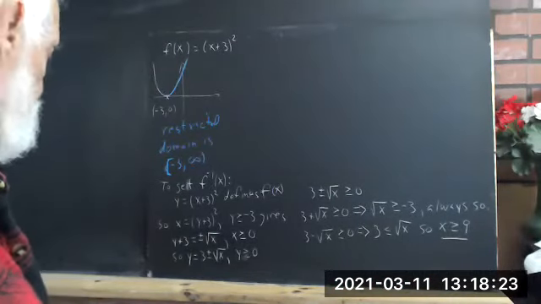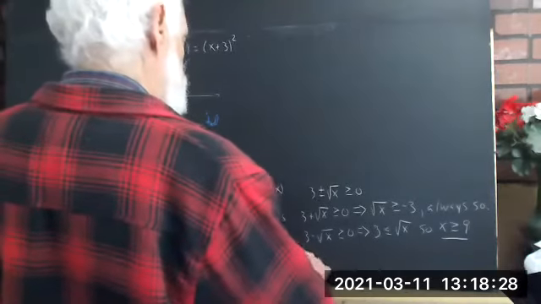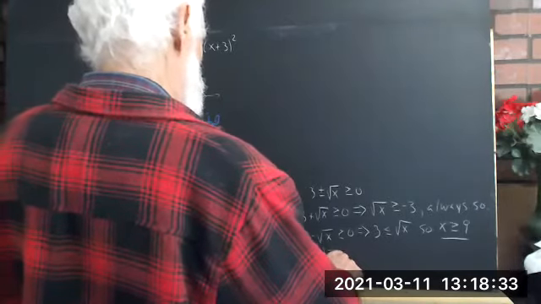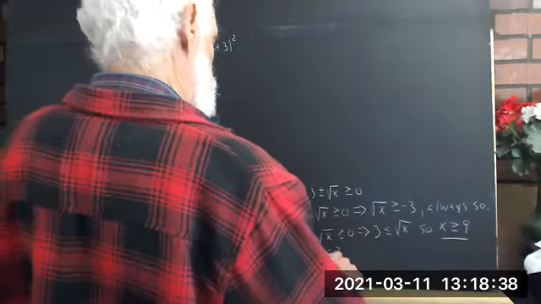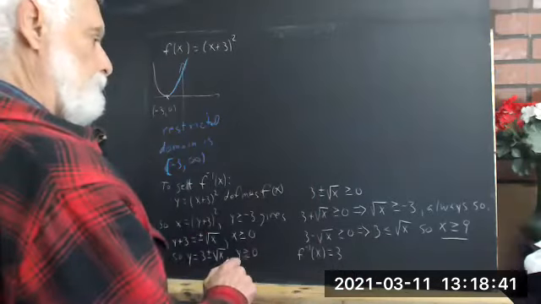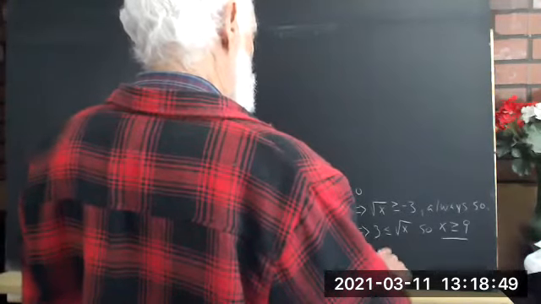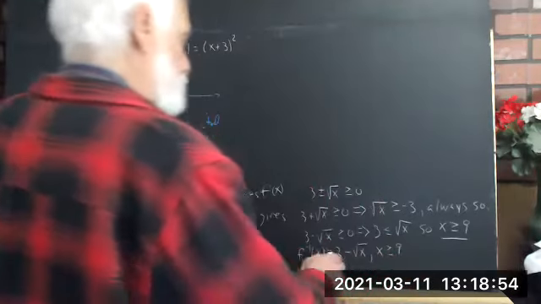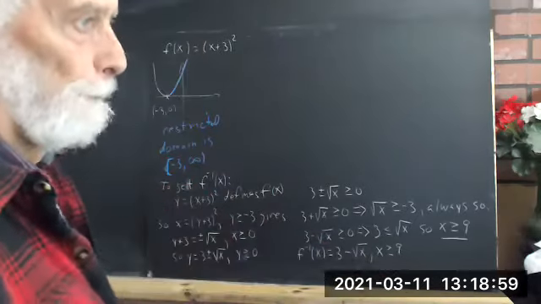So now f inverse of x equals 3 minus the square root of x, with x greater than or equal to 9.